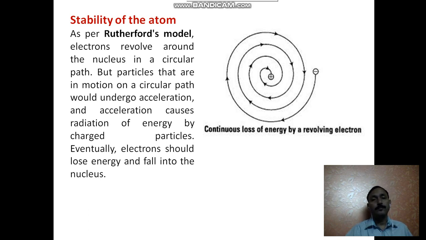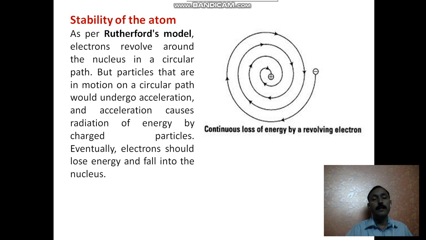Stability of atom. As per Rutherford's model, electrons revolve round the nucleus. This is the electron, it is revolving round the nucleus in a circular path, but particles that are in motion on a circular path would undergo acceleration. This particle will undergo acceleration, and acceleration causes radiation of energy by charged particles.